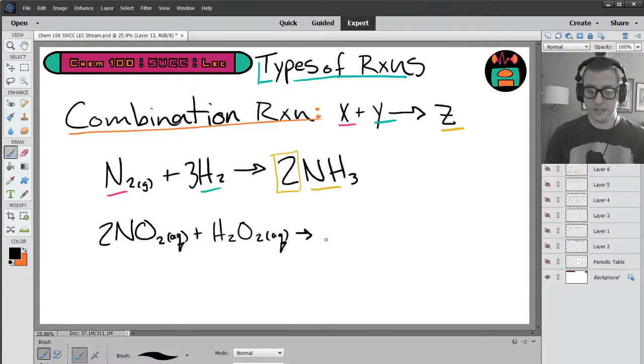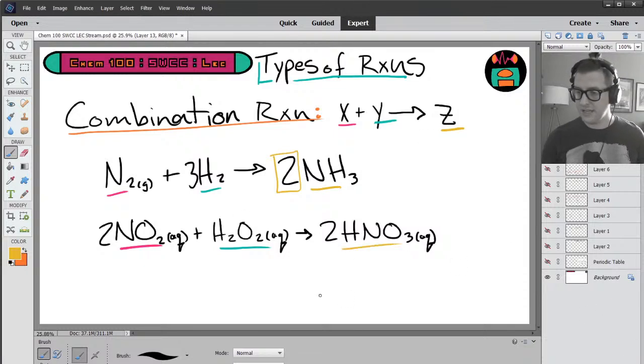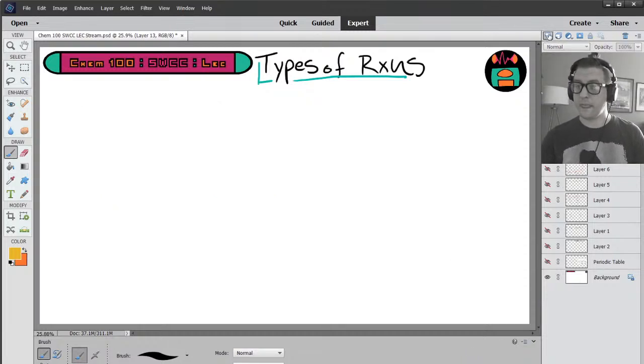Sorry, there's two of these. Alrighty, so this is another combination reaction. Again, here in this example, X is NO2, Y is hydrogen peroxide, and then Z is nitric acid. All right, so those are two examples of combination reactions.